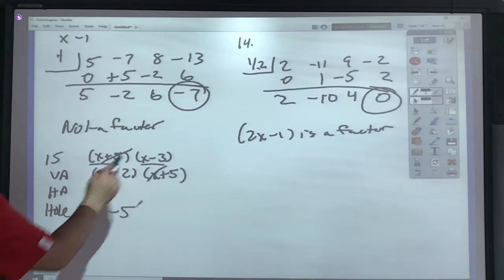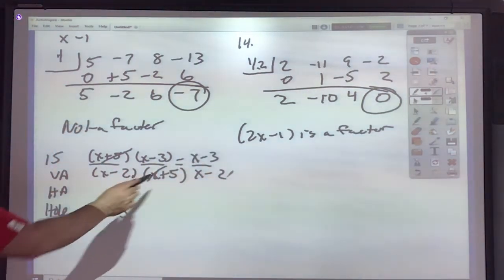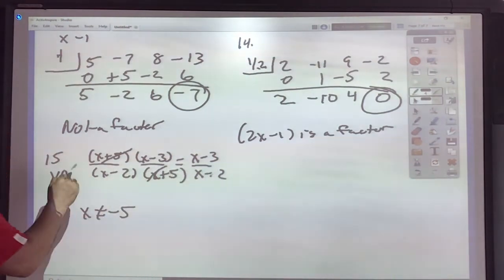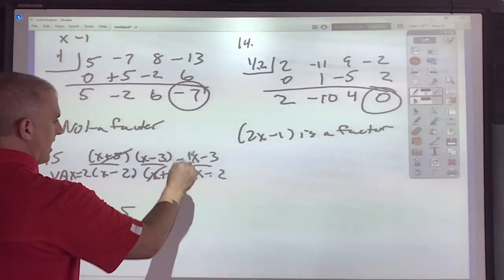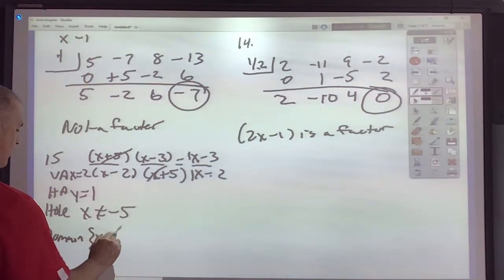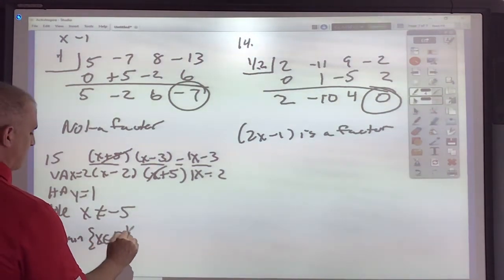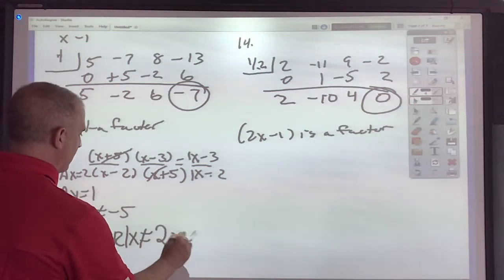Now this is x minus 3 over x minus 2. My vertical asymptote would be x equals 2. My horizontal asymptote, because these are the same, 1 divided by 1 would be 1. My domain is x is an element of all real numbers, but x can't be 2, x can't be -5.